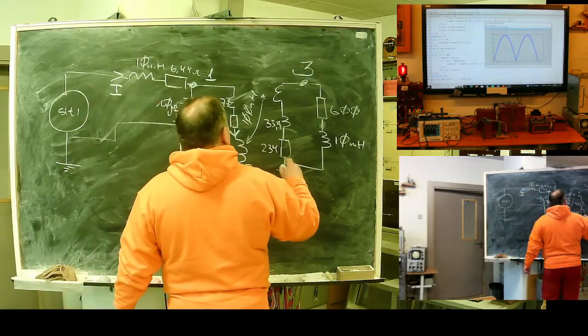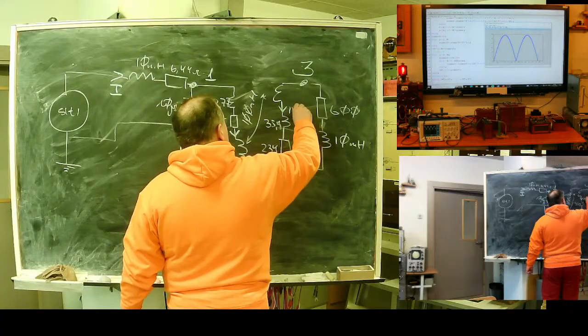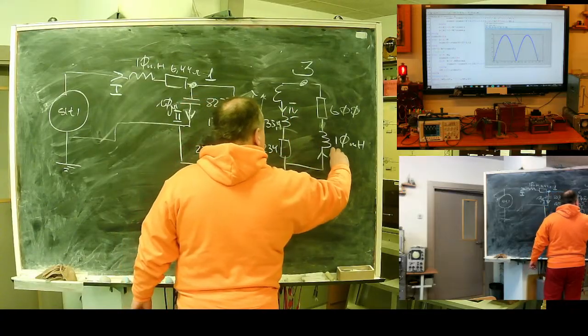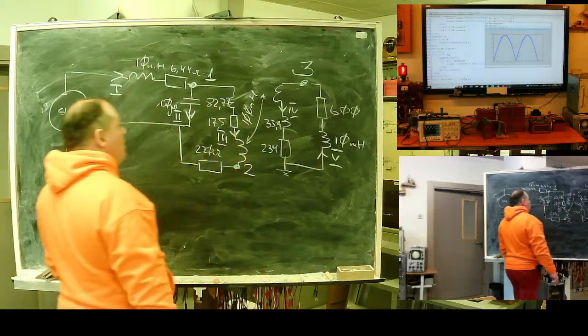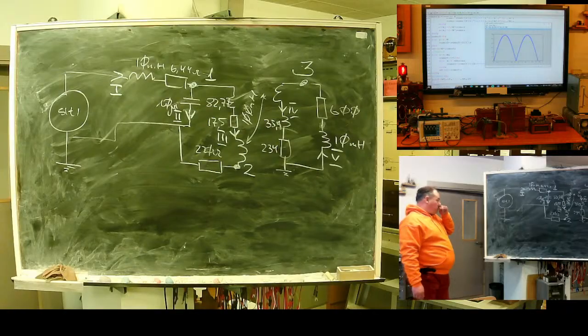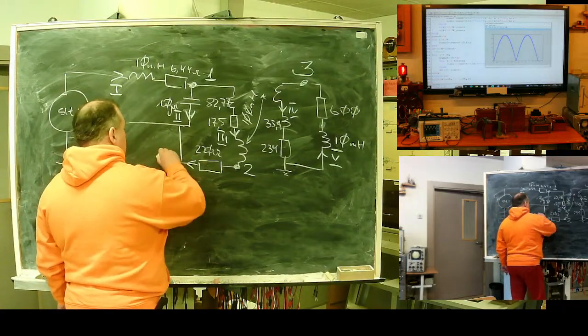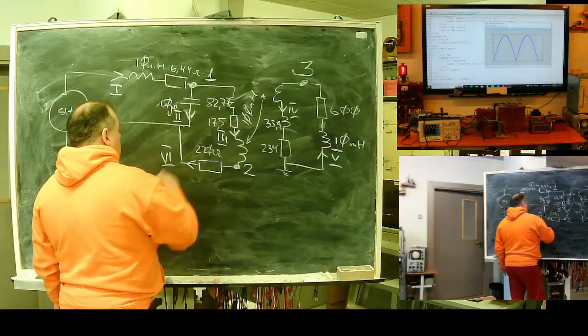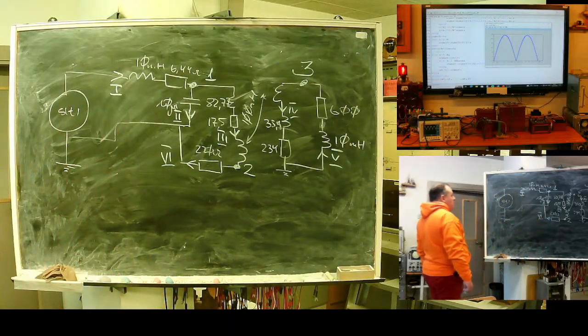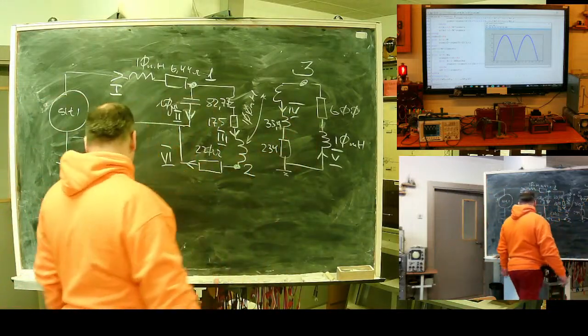Okay, this will be number 4, and this can be number 5. Here I did preparation work. No, not enough. This one will be number 6. Oh, yes, now it's good. I have assigned numbers to all my branches.